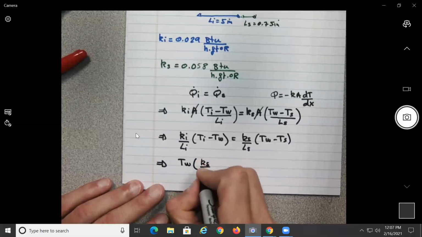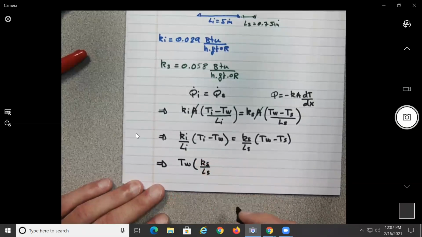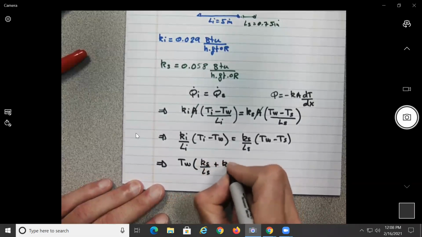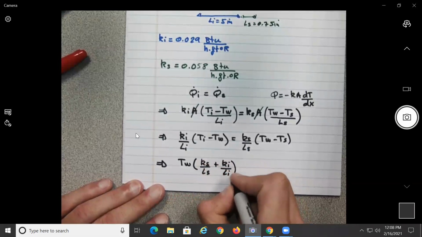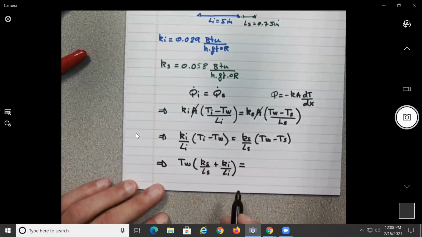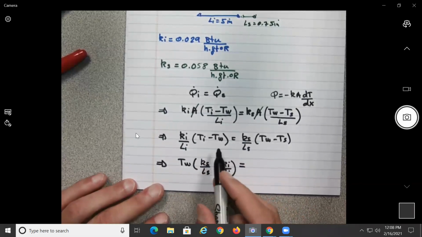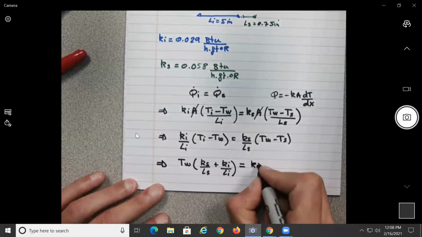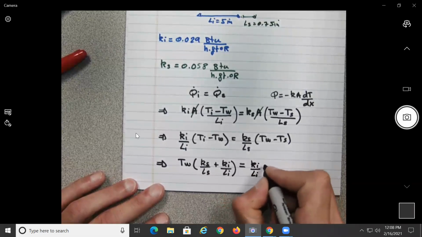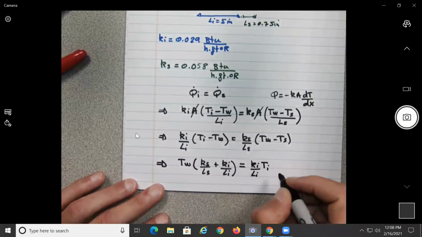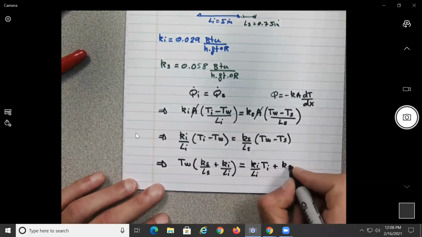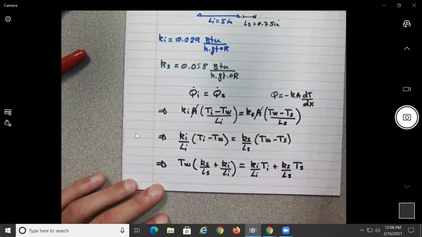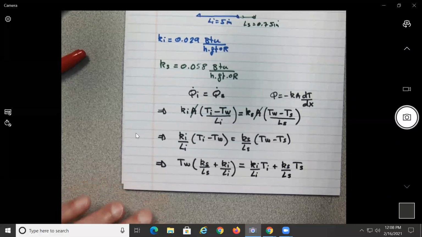K sub S divided by L sub S plus K sub I divided by L sub I. And now I need to move the other one to the left. And here we'll have K sub I over L sub I, T sub I plus K sub S over L sub S, T sub S.